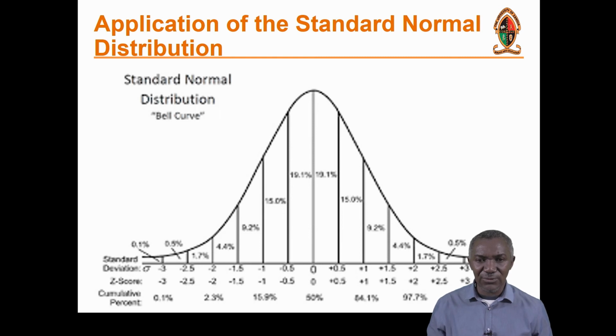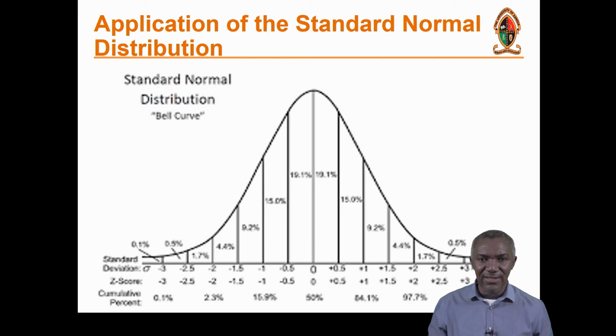Again, you can go to the right and see where 1 is, and this is the one standard deviation above the mean. So from one standard deviation below the mean to one standard deviation above the mean, the area here is approximately 68.